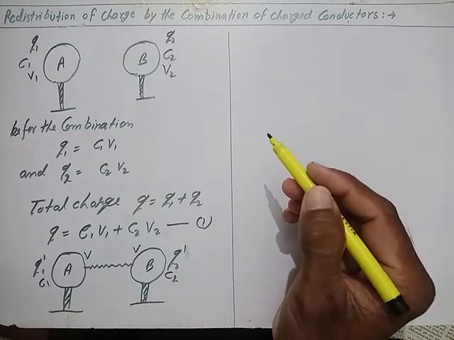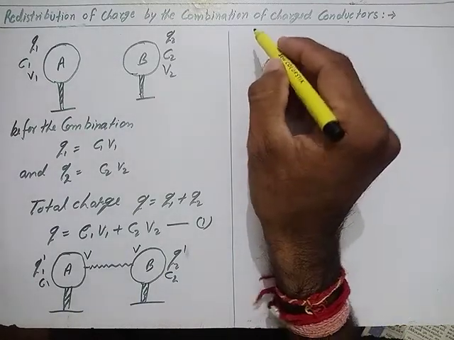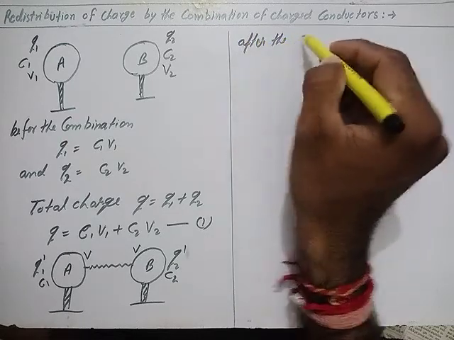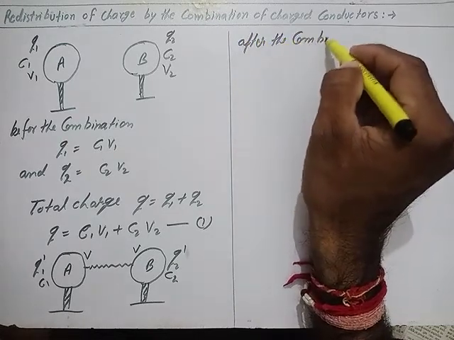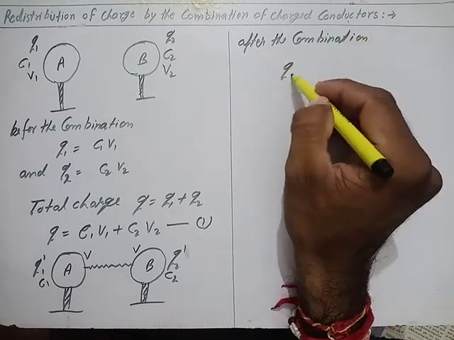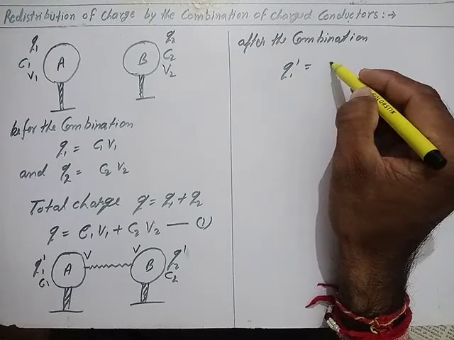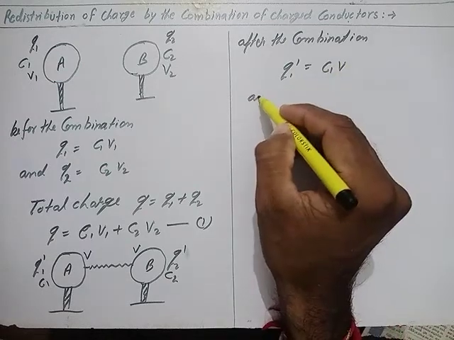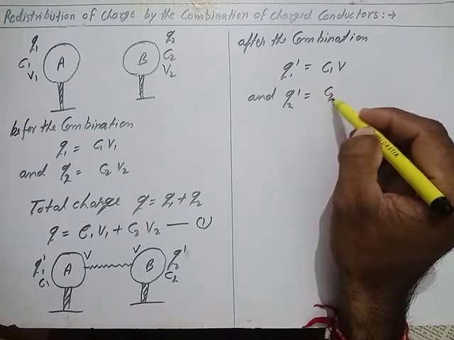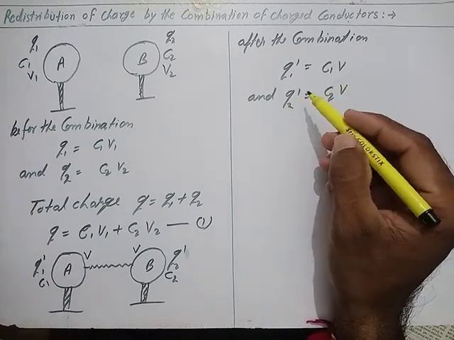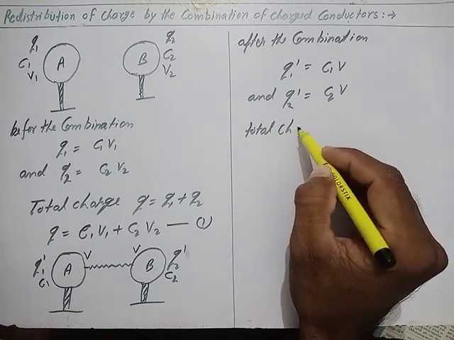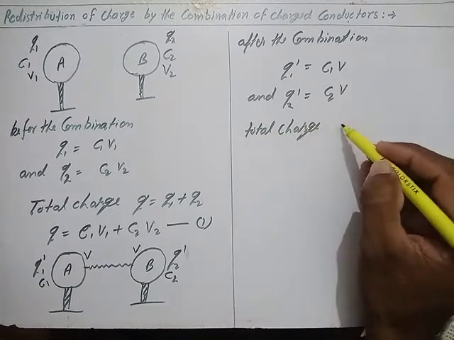So now we can say after the combination, Q1 dash is equal to C1 V and Q2 dash is equal to C2 V. What will be the new total charge?